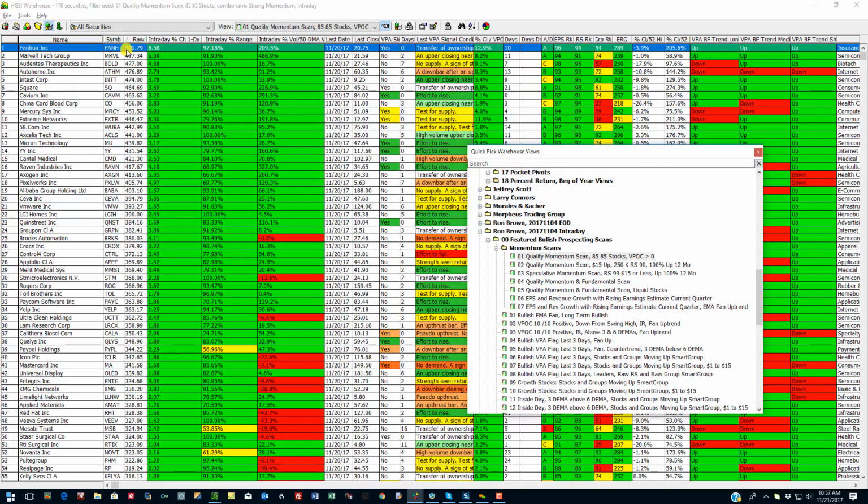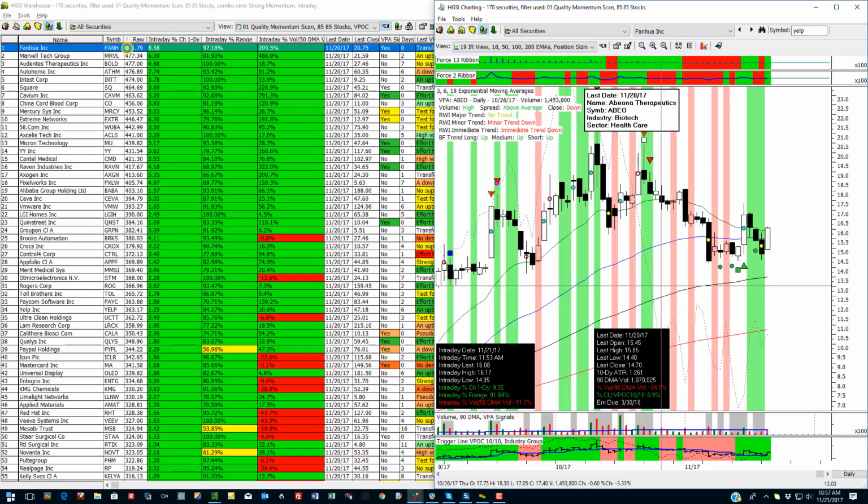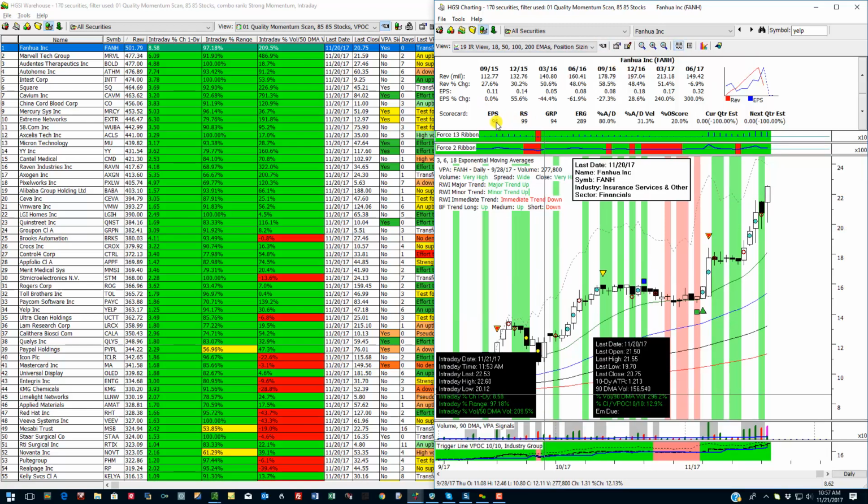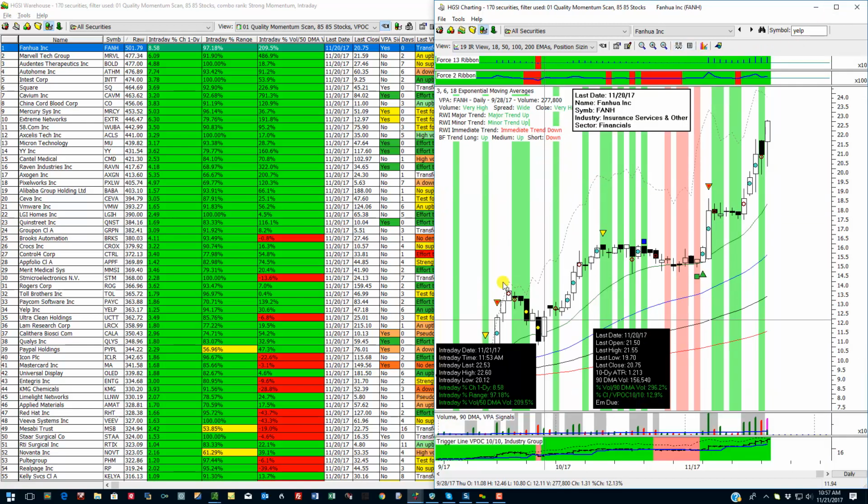So this stock, FANH, I'm not familiar with it, but you can see that this is a nice chart, and it's a stock which has an EPS rank of 96 and a relative strength rank of 99 and a group rank of 94. So these stocks have a tendency to keep going up because they fit this criteria, the 85 criteria.